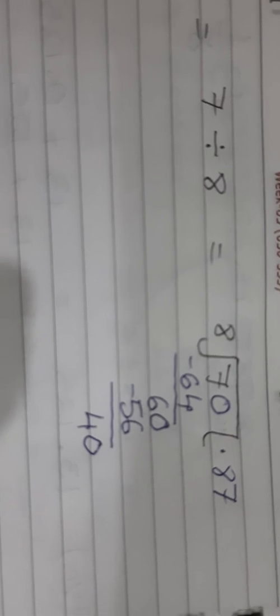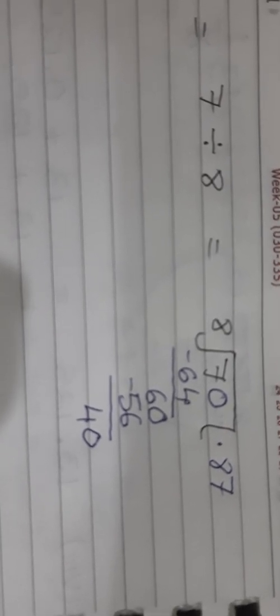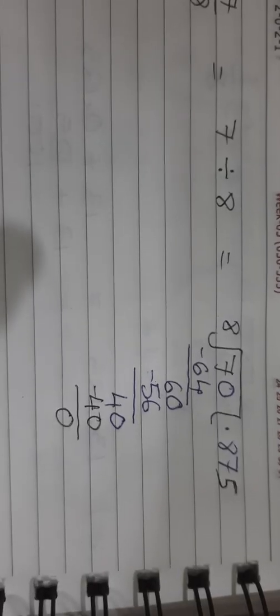So 4 now becomes 40. Now let's see, with 8 what number should we bring in the quotient which will give us 40? 8 5s are 40, so we will write a 5 over here. 40 minus 40 is 0. Finally we got our remainder 0 that we were looking for. So now we can stop our division.